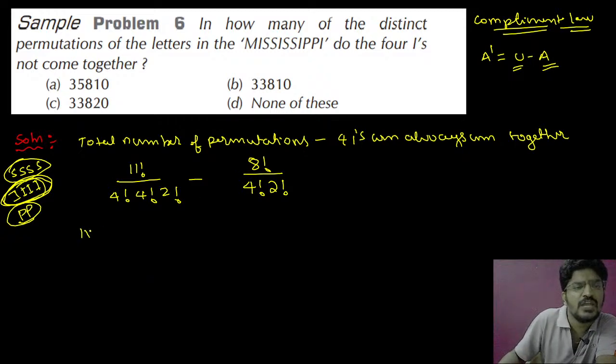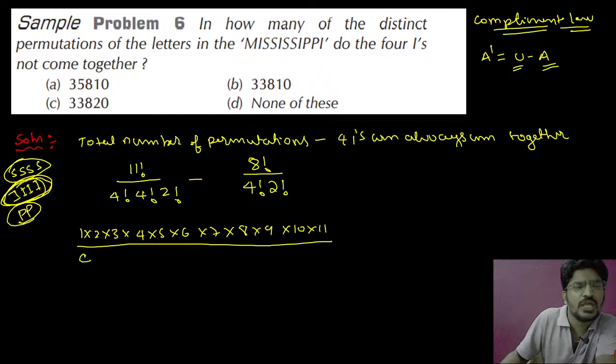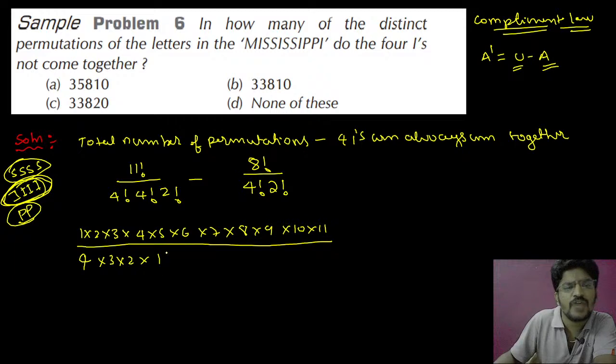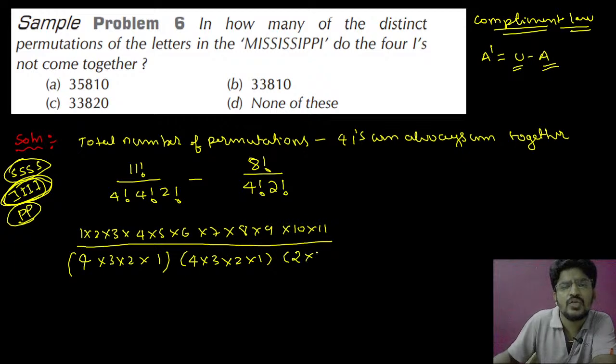So 11 factorial means 1 into 2 into 3 into 4, 5, 6, 7, 8, 9, 10 and 11, divided by 4 factorial, 4 into 3 into 2 into 1, again 4 factorial, 4 into 3 into 2 into 1, and 2 factorial, 2 into 1.